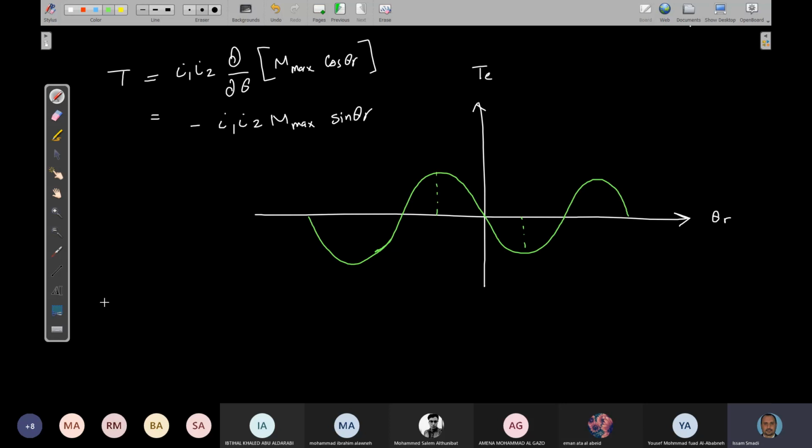So here we can write that positive torque acts to increase the rotor angle.